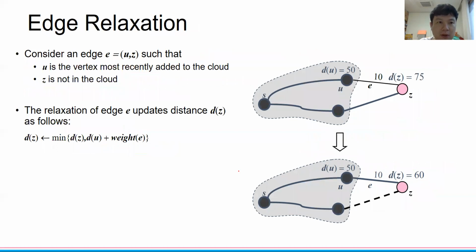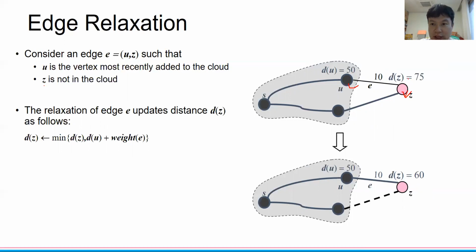So for example, we consider an edge e like (u, z). We have this vertex u, and then we have this vertex z. u is the vertex most recently added to the cloud, and z is not in the cloud. So I would like to find what d(z) is.